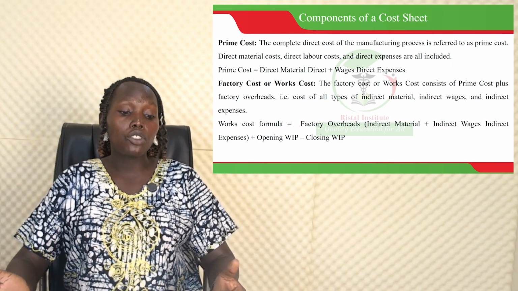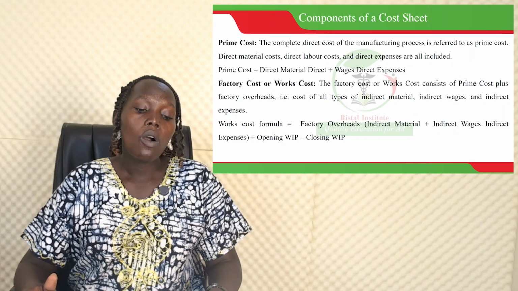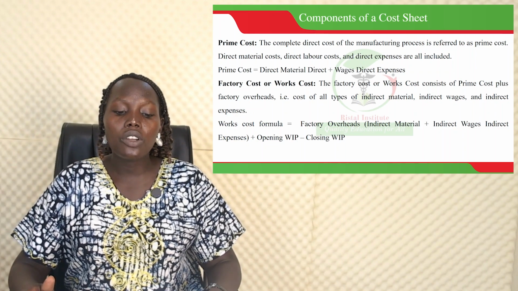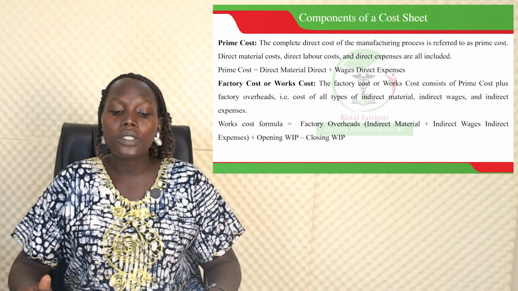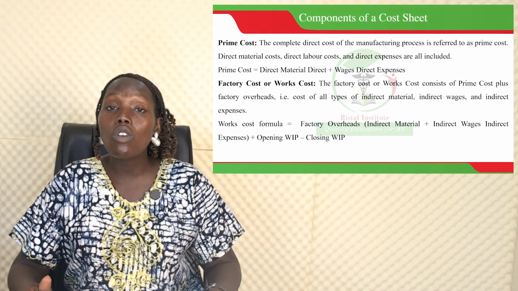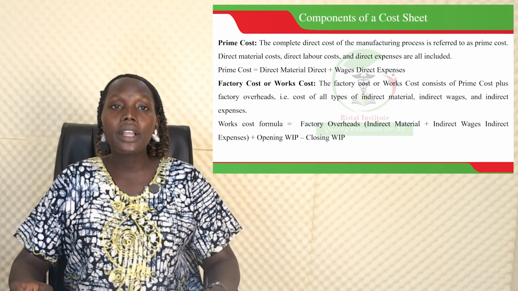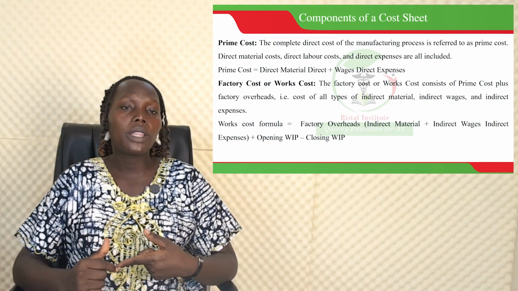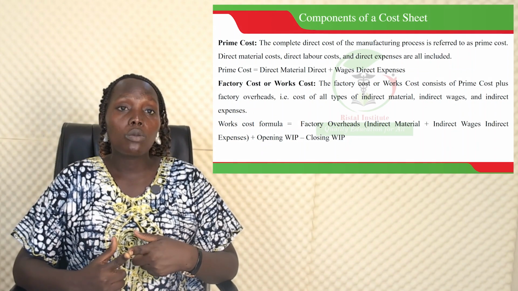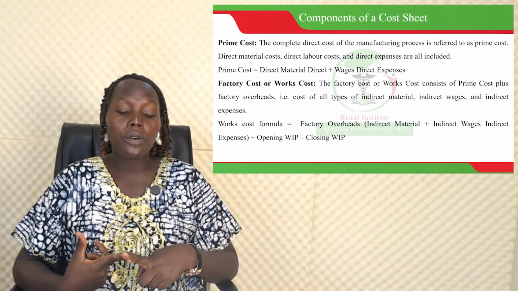Element 2, we have the factory cost, or what we call works cost. The factory cost consists of the prime cost plus the factory overhead. You get the prime cost, then you add the factory overheads to come up with the factory cost.